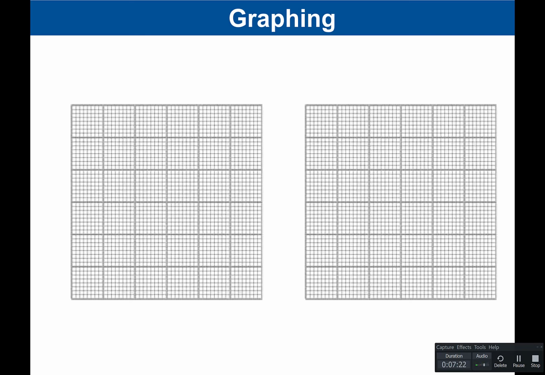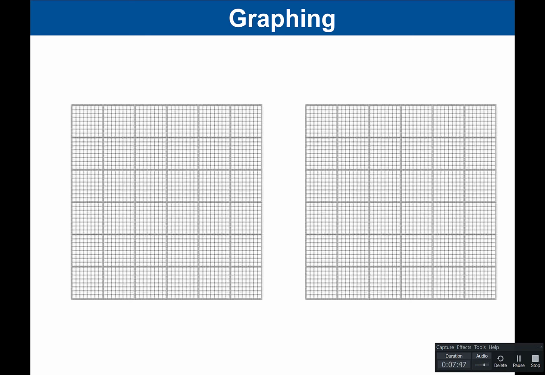Your y-axis, going vertically, is going to be your dependent variable. So you want to ask yourself which one depends on which one. Does the absorbance depend on the pH of the solution? Does the pH of the solution depend on the absorbance? So which one makes sense?